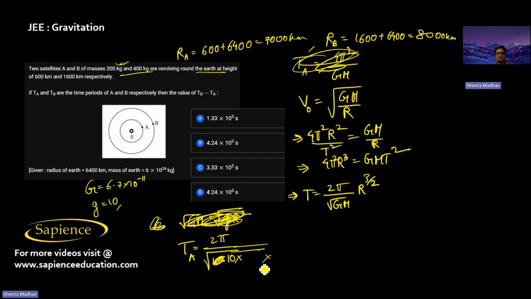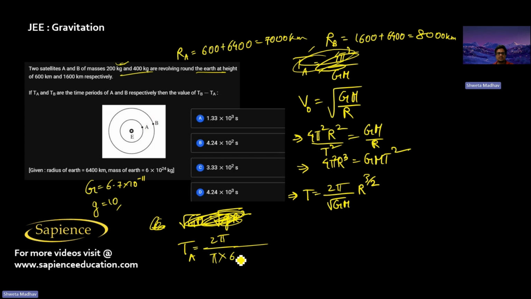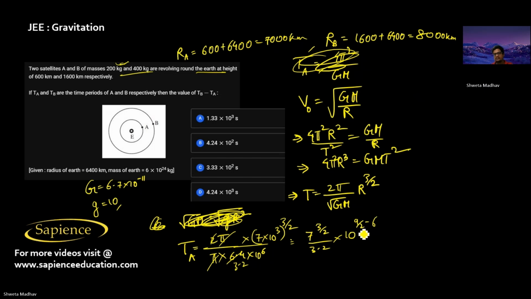So R will come here, root 10. Root 10 is approximately pi. So pi into 6.4 into 10 power 6 into the radius RA, that is 7 into 10 power 6, whole power 3 by 2. So pi will cancel, 2 by 6.4 into 10 power 6 into 7 power 3 by 2 into 10 power 9 by 2.